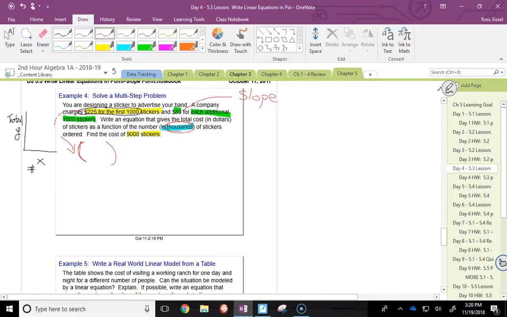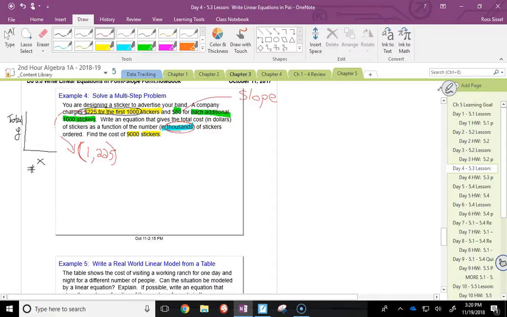Well, I have one group of 1,000 stickers. Remember, right here in the blue we said in thousands. So I have one 1,000. And for one 1,000, it's $225. So that's my first coordinate point.